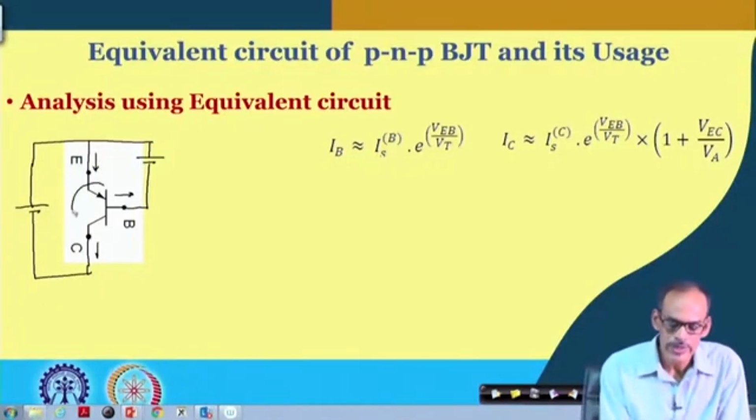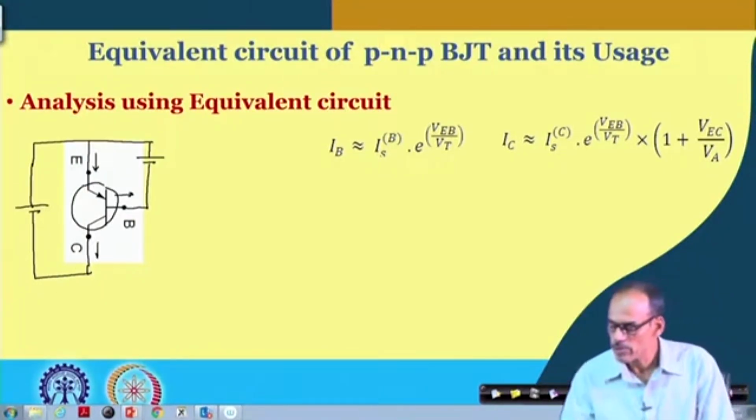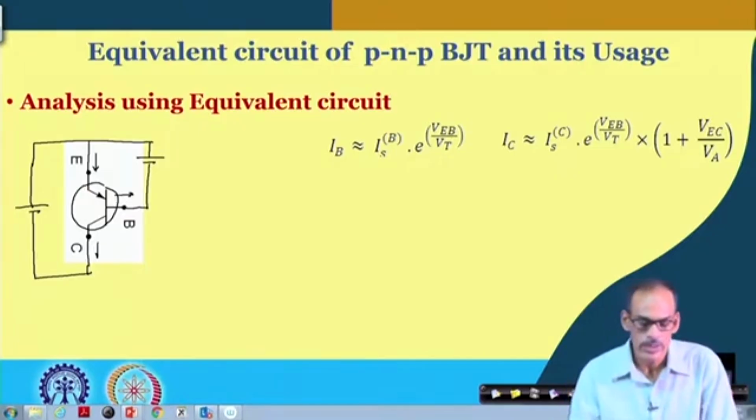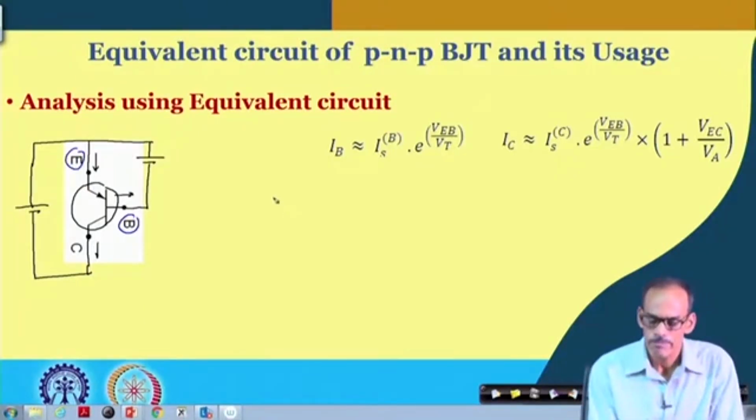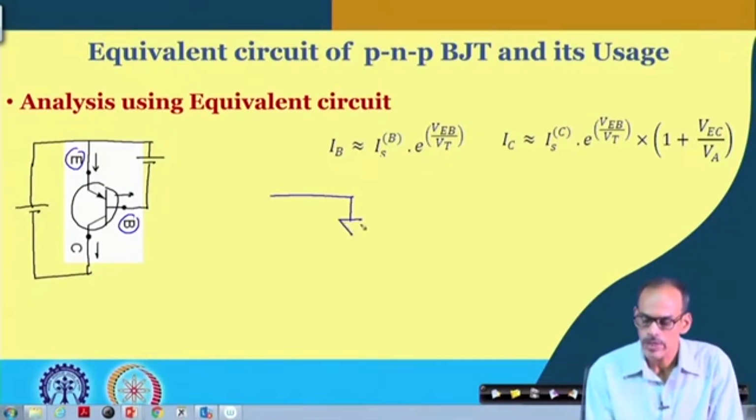Instead of dealing with the equations, we may prefer to move to the equivalent circuit. For the base-to-emitter terminal, again we have a diode, so we can use this diode.